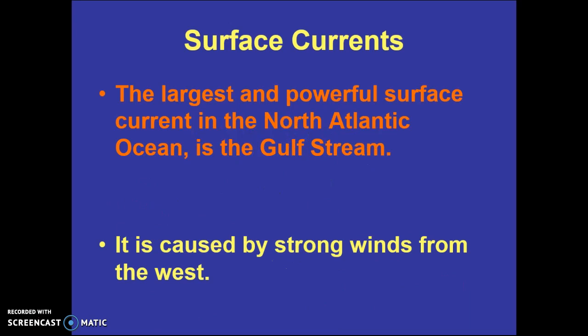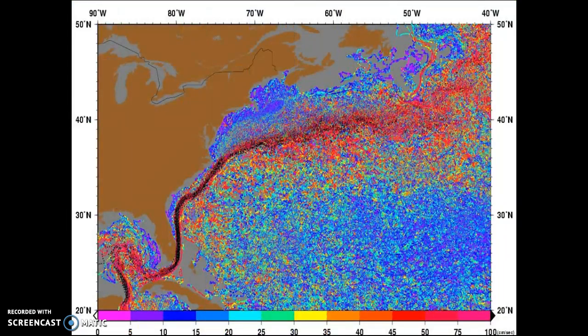All right. And that is caused because of strong winds that come from the west and blow across the ocean. Here's a map that kind of shows that warm current flowing through the Atlantic Ocean. Again, if it could get a little bit closer up here to Maine and New Hampshire, our water would be a lot warmer in the summer and we'd have a lot warmer temperatures year round, so we'd probably have a lot less snow and ice and all of those types of things.